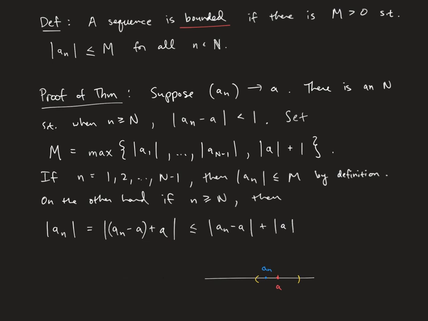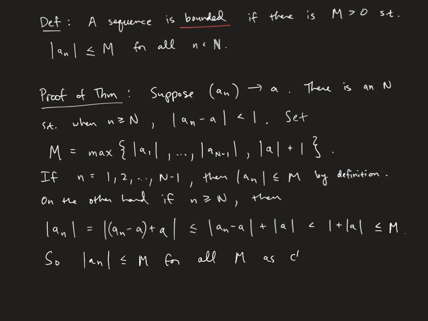Okay, and then that absolute value of an minus a, well, since n is bigger than or equal to n, that's less than 1. So this is less than 1 plus the absolute value of a, and that is less than or equal to m by our definition of m. So this is less than or equal to m, and that completes the proof. So the absolute value of an is less than or equal to m for all n, as claimed.